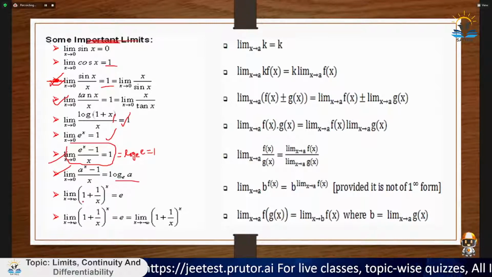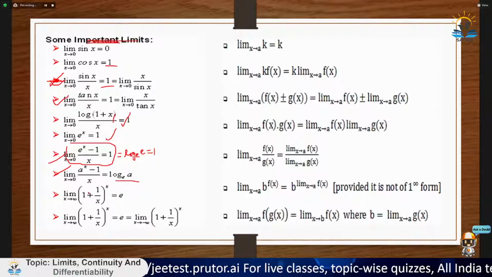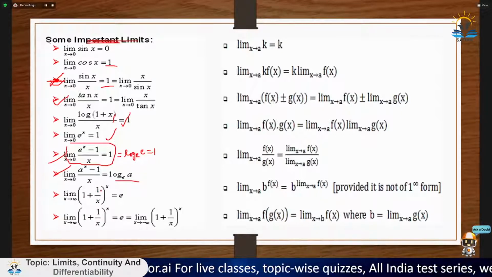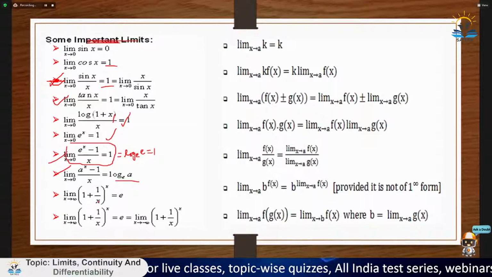Then limit of x tending to infinity. So don't remember it in this form, remember it in this form: 1 plus something which is tending to 0, because 1 upon infinity is something which is tending to 0.